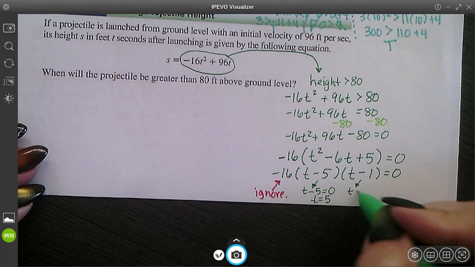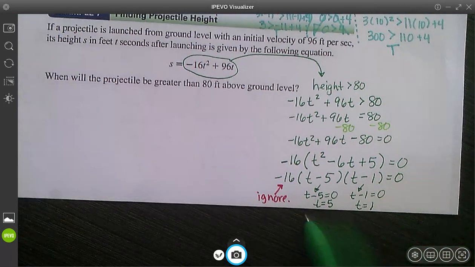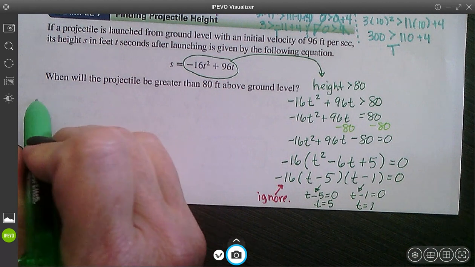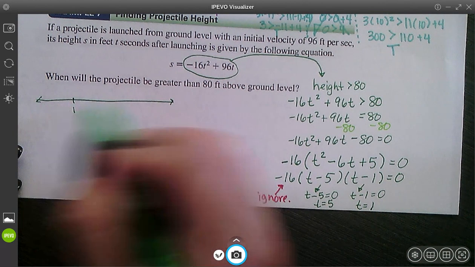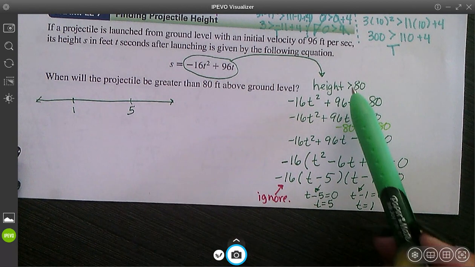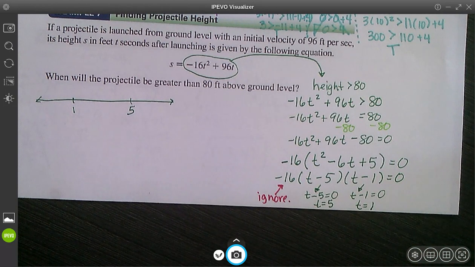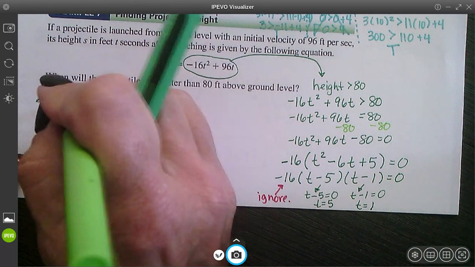We set t minus 1 equal to 0 to get t equals 1. Those are our two critical values that are going to go on the number line. So on my number line, I have to put 1 and 5. Since my original inequality was a greater than, I will be using open circles on the 1 and 5.